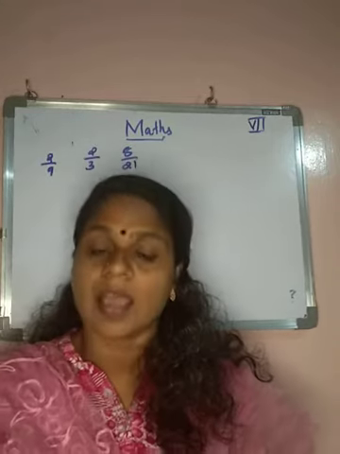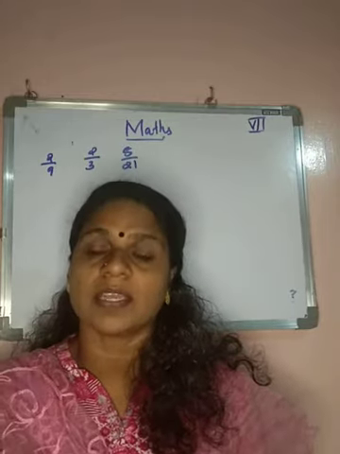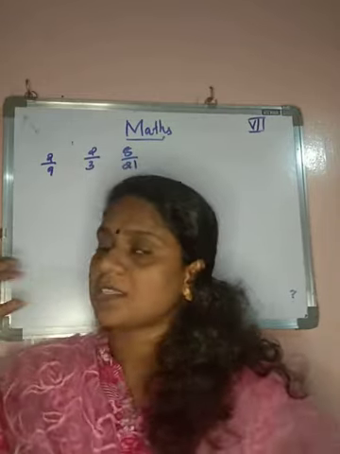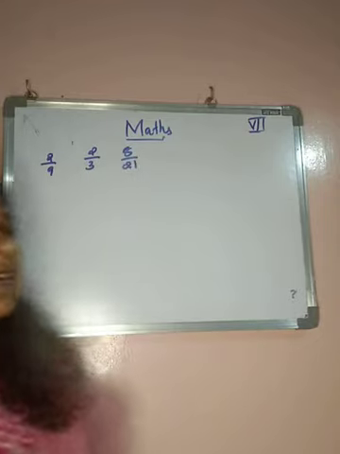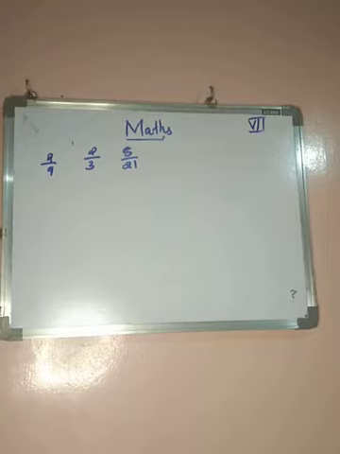First of all, we convert these fractions to like fractions, which means the denominators are the same. In converting the given fractions into like fractions, first we find the LCM of 9, 3 and 21.